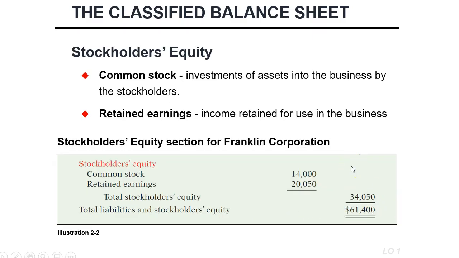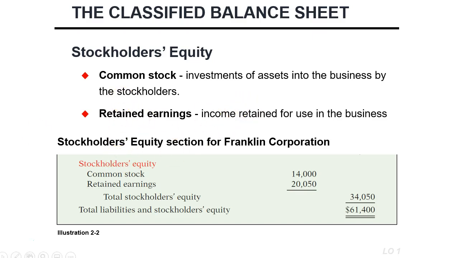The stockholders' equity section of the classified balance sheet really stays the same. It just shows the common stock, which is the investment of assets by stockholders. As we mentioned back in chapter 1, when a person buys stock in any corporation, they become a stockholder. They become part owner of that business organization.